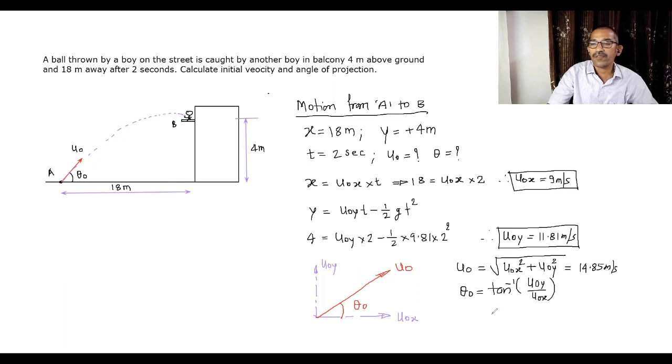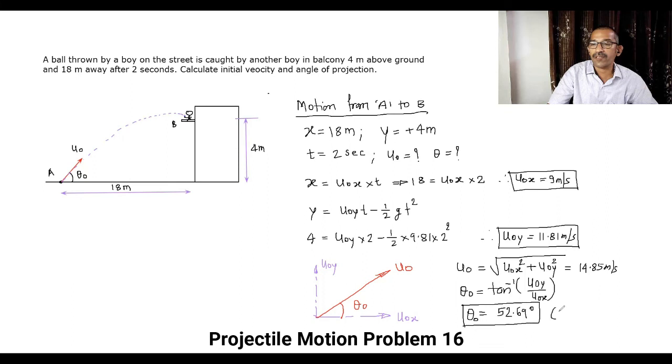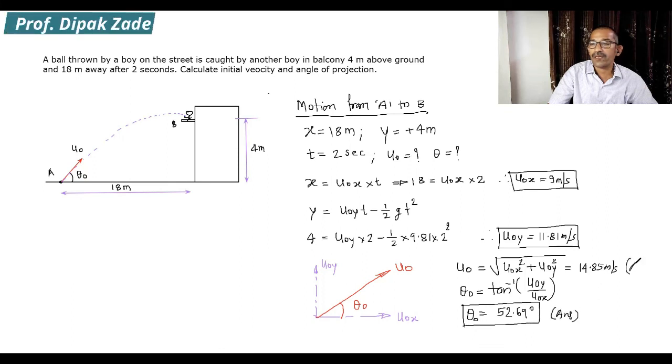Calculating, theta 0 comes out to be 52.69 degree. What is asked in the problem is u0 and theta 0, so these are your answers. Thank you.